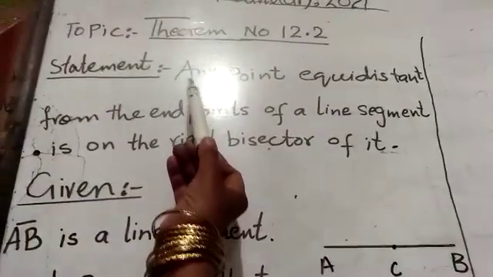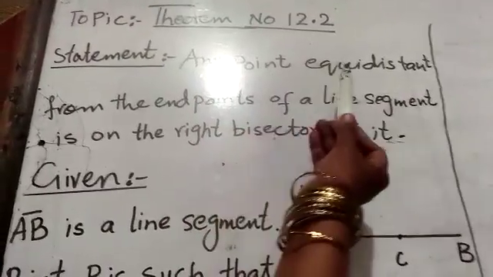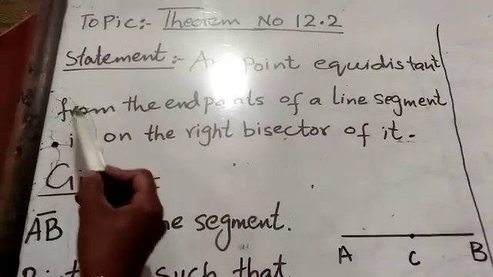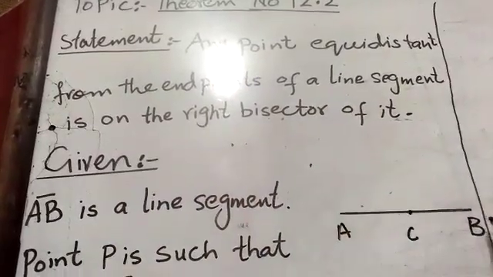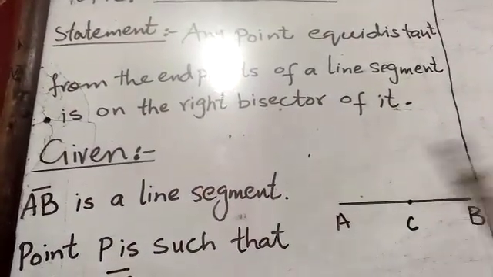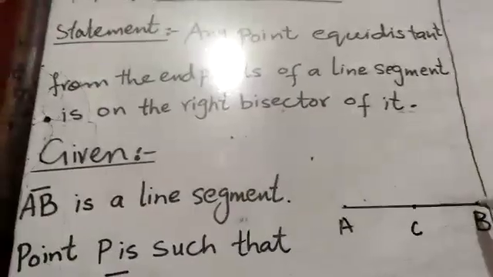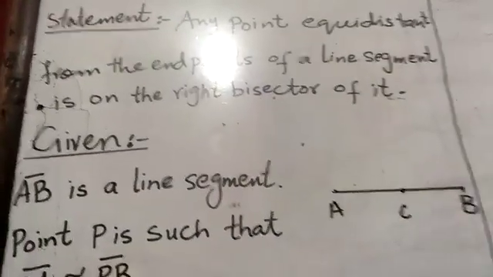The statement is: any point equidistant from the endpoints of a line. This is a line segment. AB is the line segment and A, B are its endpoints.